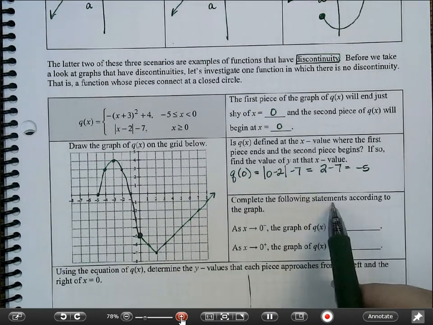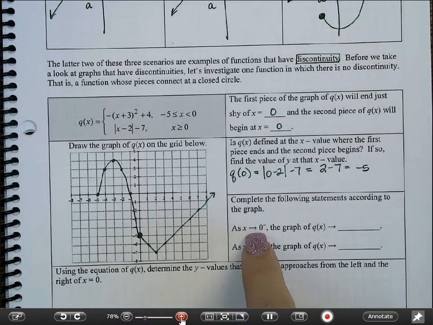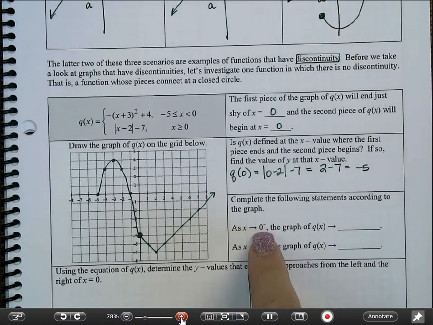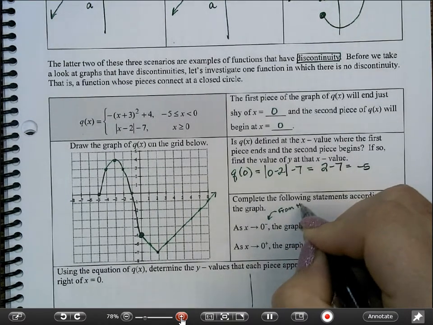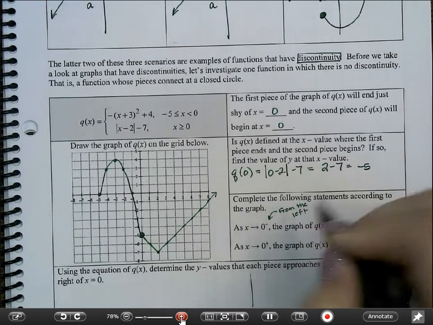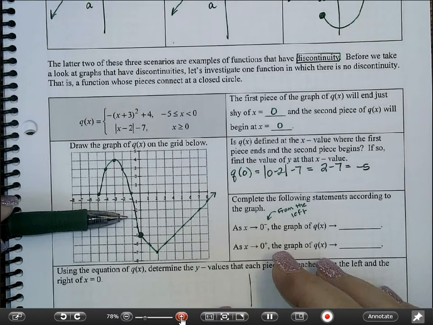Complete the following statements according to the graph. Now this is red. As x approaches 0 from the left, which means I'm on the left side of 0.